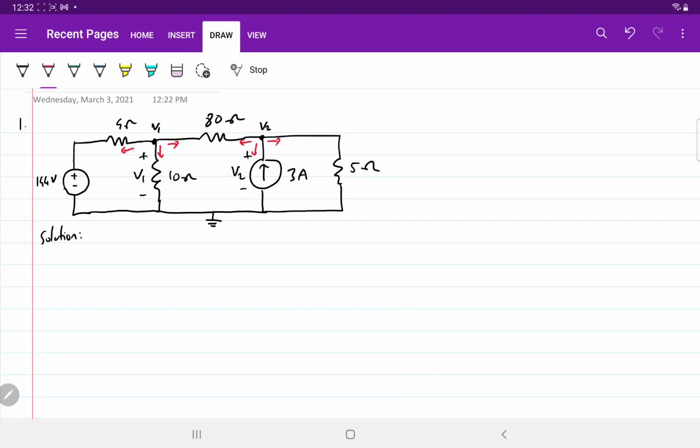Okay, so what is this current here on the red arrow? It's going from this node to the 144 volt voltage source, right?